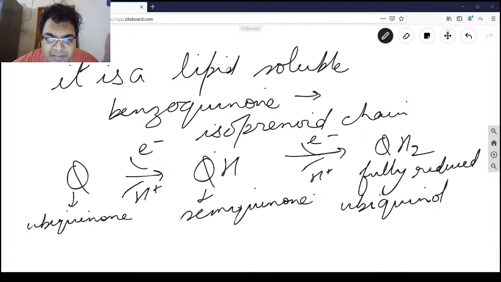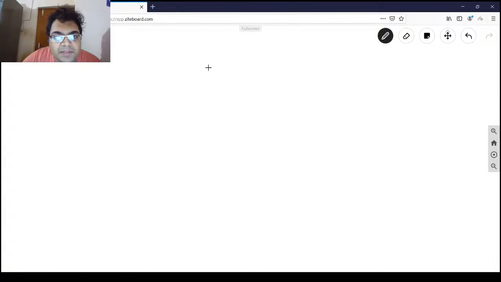you can just draw the structure. It's a little bit longer structure. What you have here is a benzene ring.